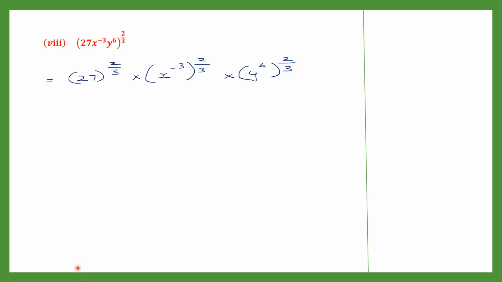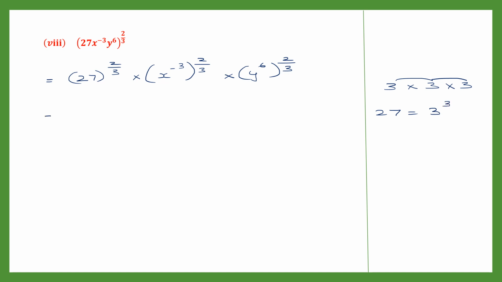Now, whenever you have a fraction as your power, try to put the number inside with a base and an exponent. Now, 27, we have to get a number raised to the power of 3. So that is 3. If you have 3 into 3 into 3, 3 threes are 9, 9 threes are 27. So 27 can also be written as 3 raised to the power of 3.